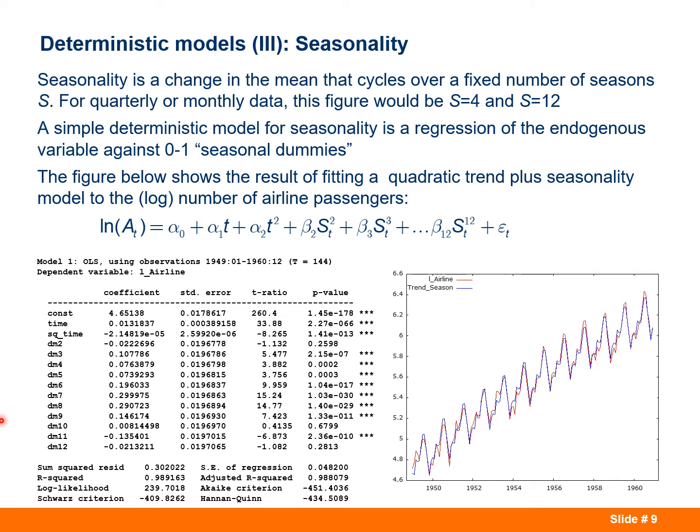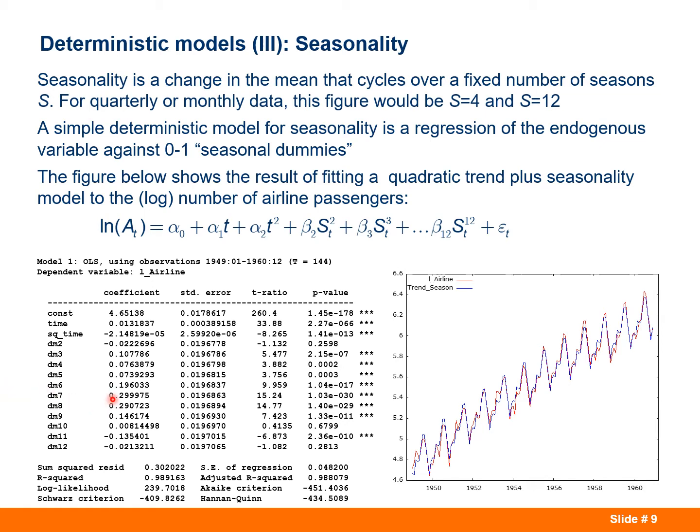To illustrate this idea, consider the coefficient of dm6, corresponding to June. This coefficient is close to 20%, 0.196, so that's 20% in terms of elasticity.